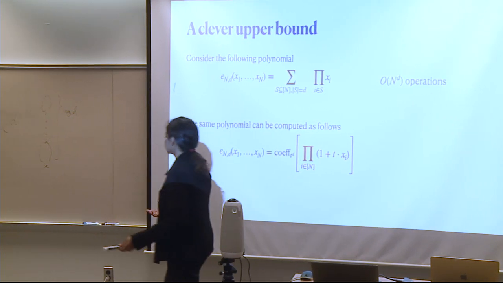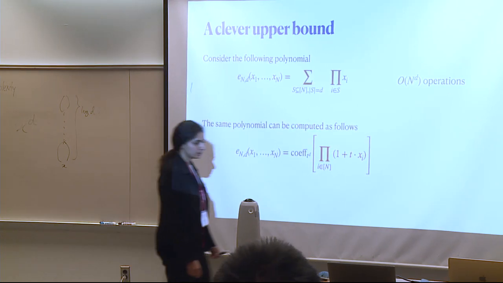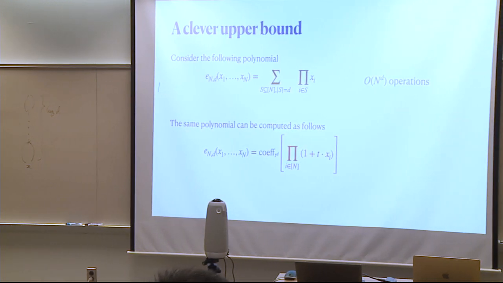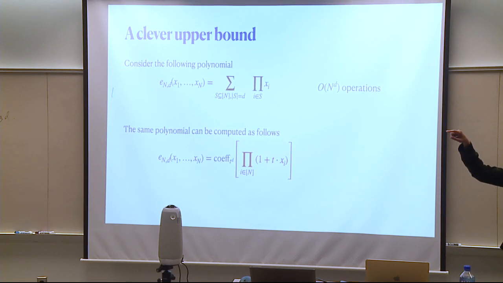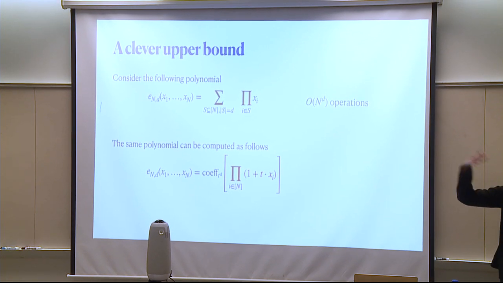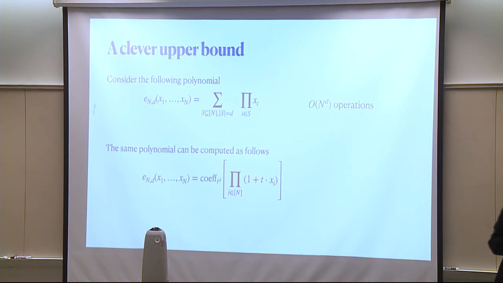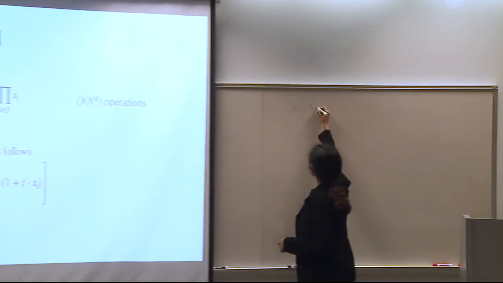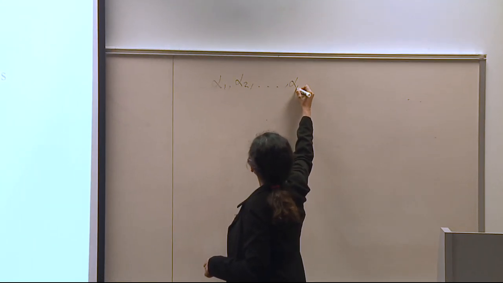So what one could do, right? Interpolation just means that in the place of t, I substitute constants from a field. So imagine I start substituting alpha 1, alpha 2, alpha n.